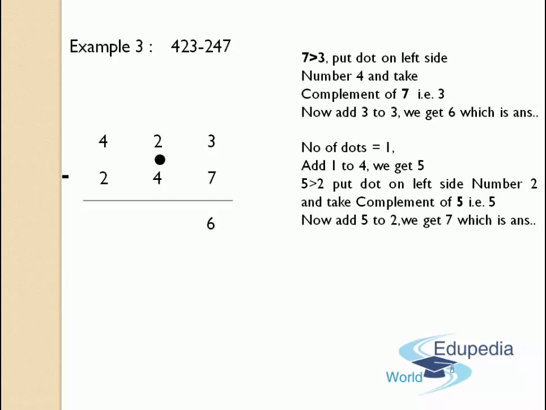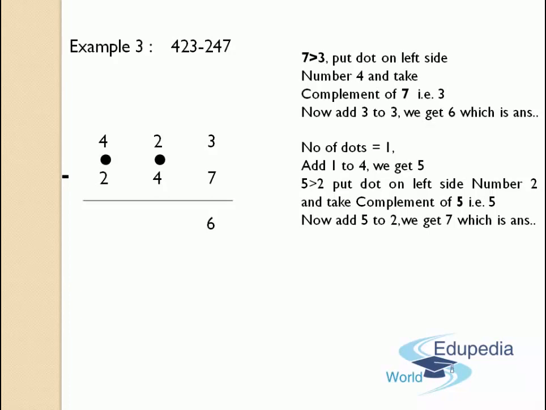Here we can clearly say that 2 is less than 5, that is, the minuend is less than the subtrahend. When you encounter such a case, immediately you have to place a dot on top of the number in the next column, like this.